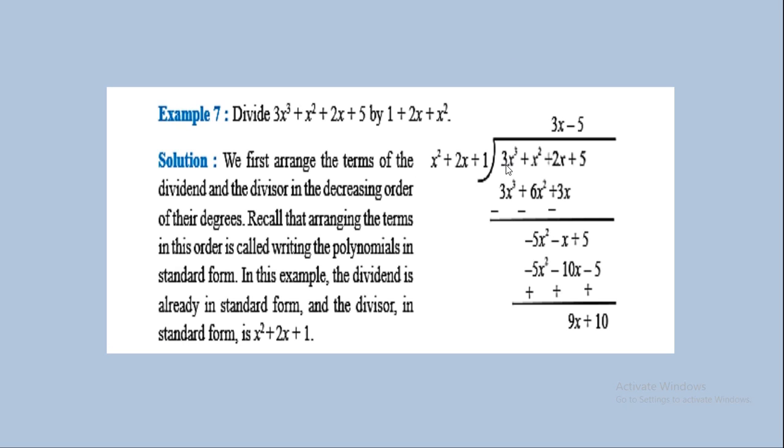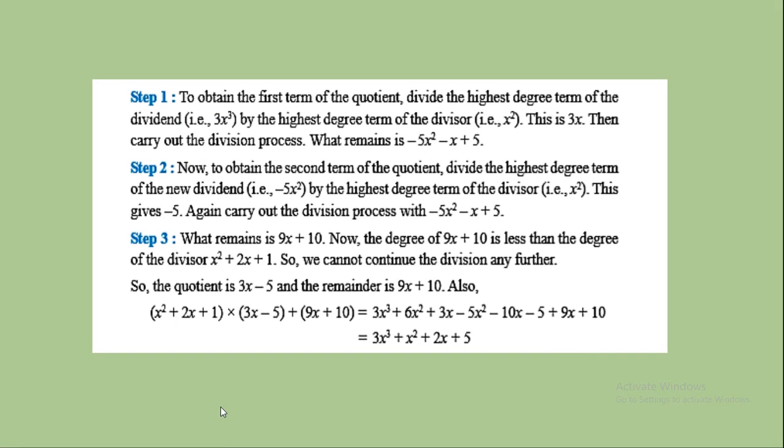And what will be the dividend? 3x cube plus x square plus 2x plus 5 will be equal to the product of this divisor into quotient plus this remainder. That is, x square plus 2x plus 1 into 3x minus 5 plus the remainder 9x plus 10 is equal to 3x cube plus x square plus 2x plus 5, the cubic polynomial.